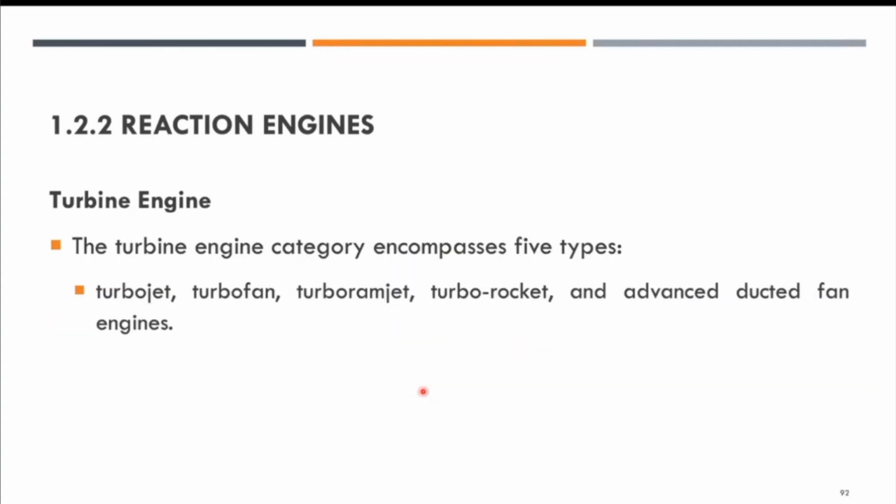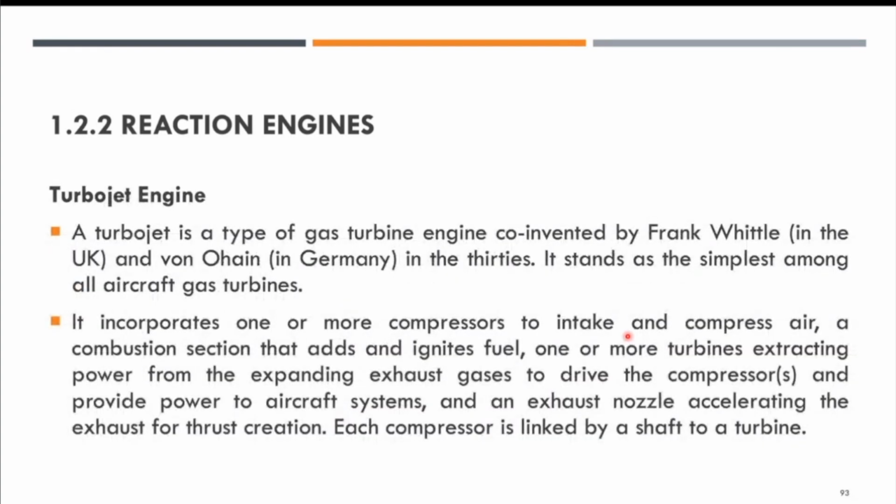Next one is the turbine engine. Okay, turbine engine. This is the one that we are going to focus on more. Turbojet, turbofan, and then of course we have turbo ramjet, turbo rocket, and advanced ducted fan engine. For the turbojet, it goes back to the invention of Sir Frank Whittle in the UK, as well as von Ohain in Germany in the 1930s.